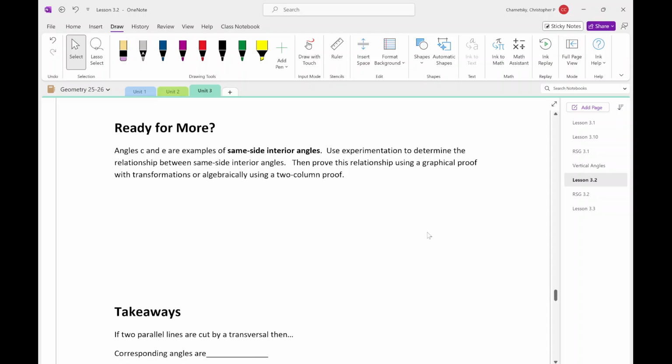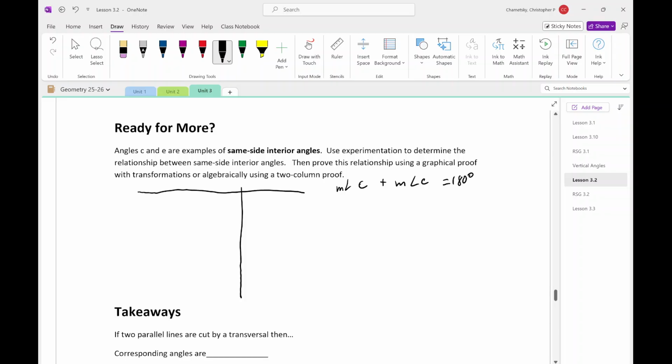So they are supplementary. In other words, the measure of angle C plus the measure of angle E is going to equal 180 degrees. So let's see if we can prove that using a two-column proof. We kind of saw graphically how those angles next to each other are going to make a line.